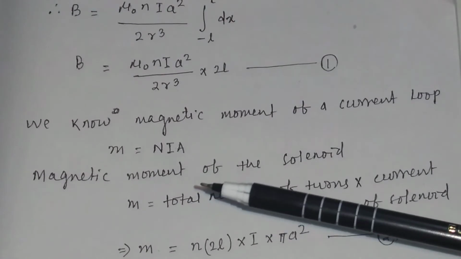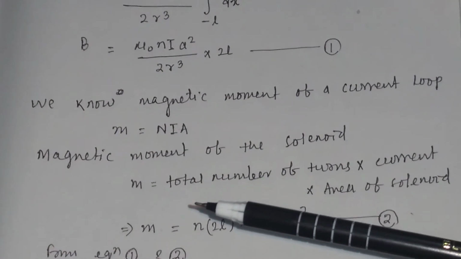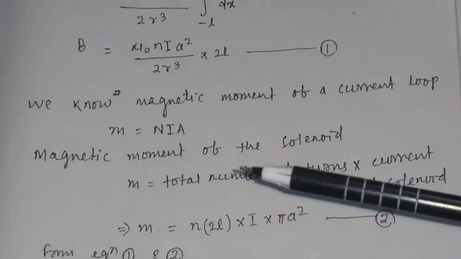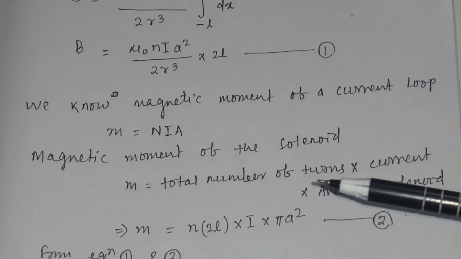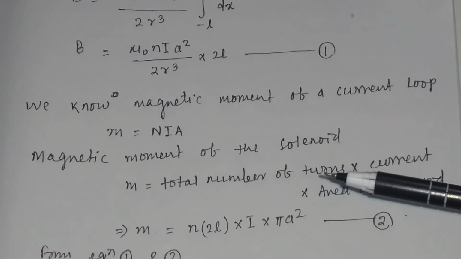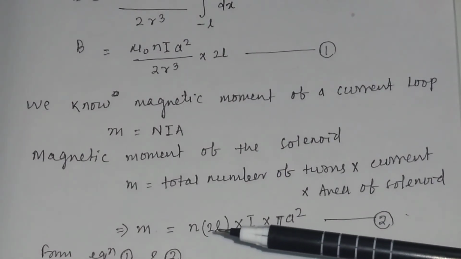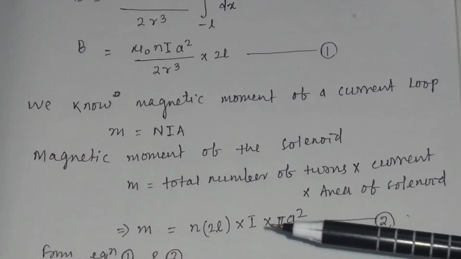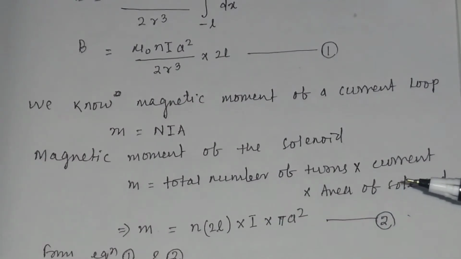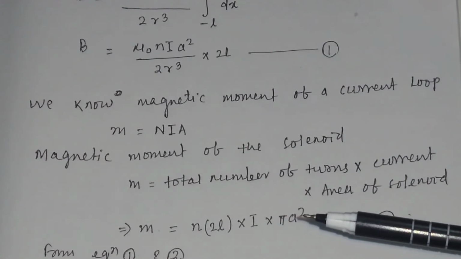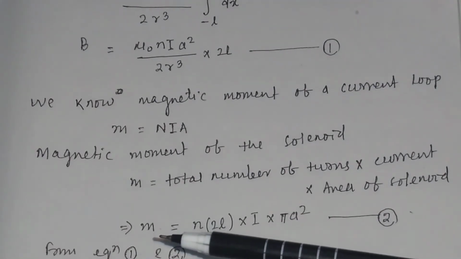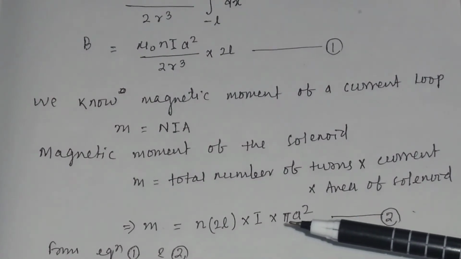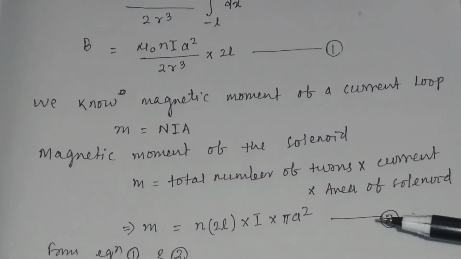And the magnetic moment of the solenoid m will be equal to total number of turns on the solenoid, that is equal to n into 2L, and the current is equal to I, and the area of the solenoid is equal to pi a square. So the magnetic moment of the solenoid will be equal to n into 2L into I into pi a square. Suppose this is equation 2.